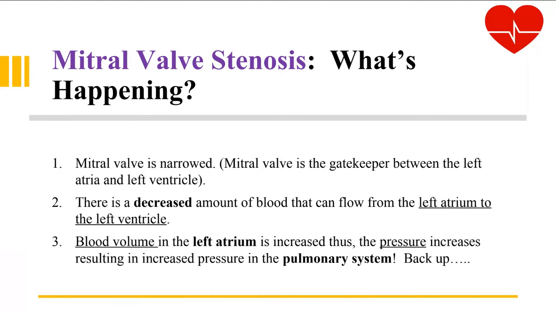Then pressures are going to increase in the pulmonary system, because we have retrograde flow from the left ventricle through the mitral valve to the left atria and back into the lungs. So your patient may have pulmonary edema, and we're going to talk about acute mitral valve regurgitation and how important that can be. That is a medical emergency.